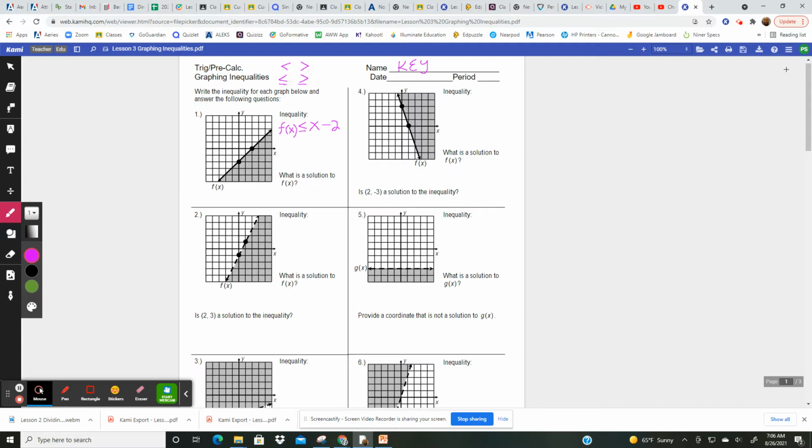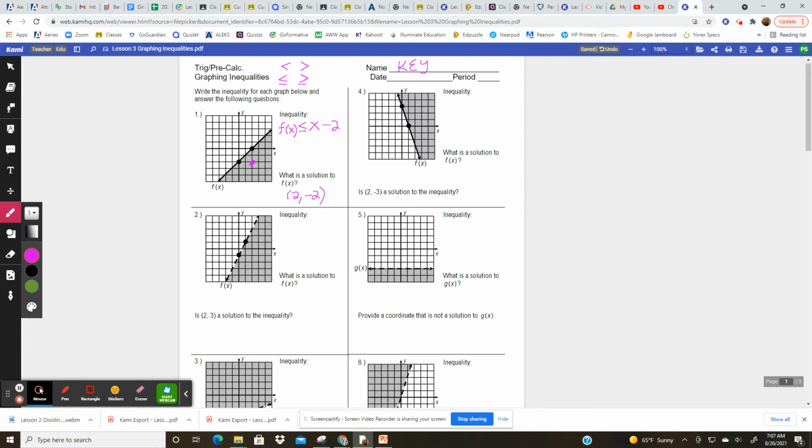I'll pick anything, maybe that point right there, which is 2 comma negative 2. Okay, so there's a solution.